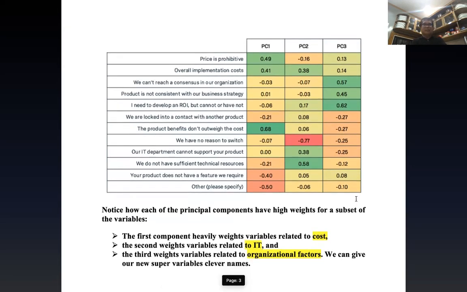Notice how each of the principal components has high weights for a subset of the variables. The first component, PC1, heavily weights variables related to cost. So we have price is prohibitive, overall implementation cost, and the product benefits don't outweigh the cost.